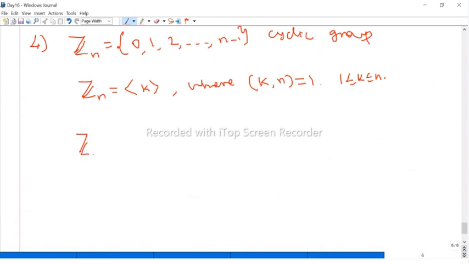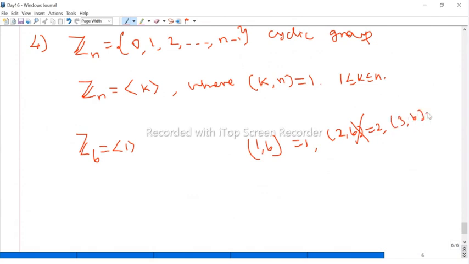So for example, take Z6. Which numbers are relatively prime to 6? Relatively prime means if GCD is 1, then we say K and n are relatively prime. The GCD of 1, 6 is 1, therefore 1 is a generator. GCD of 2, 6 is 2, therefore 2 is not a generator.